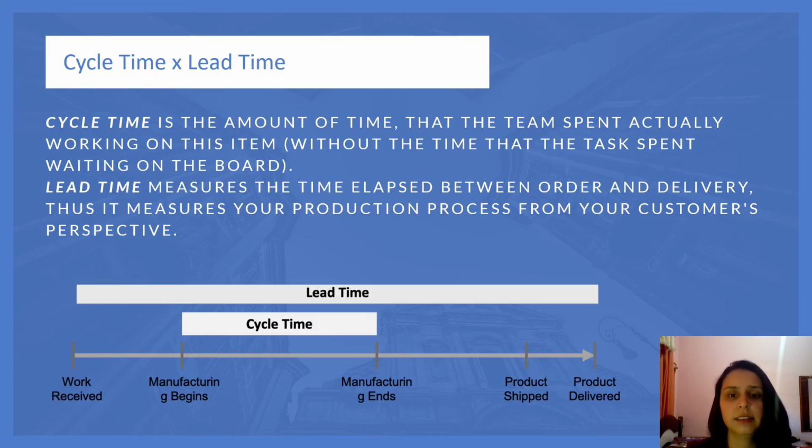The next definition is about cycle time and lead time. Cycle time is the amount of time that the team actually spends working on this item. What does it mean? Basically, cycle time is the time from when manufacture begins until manufacture ends. Okay, so we can say the cycle time is the real time of the production.